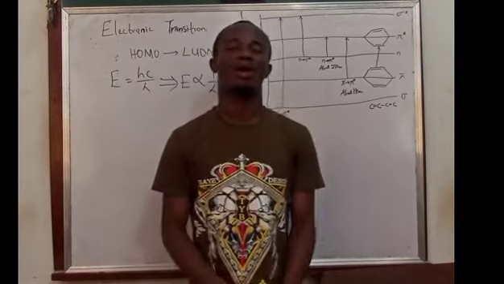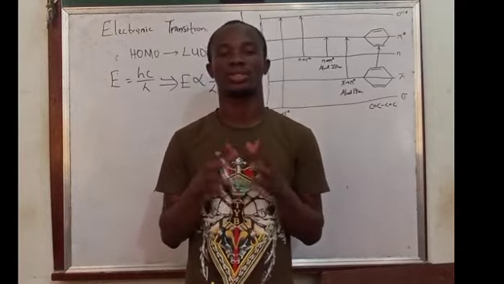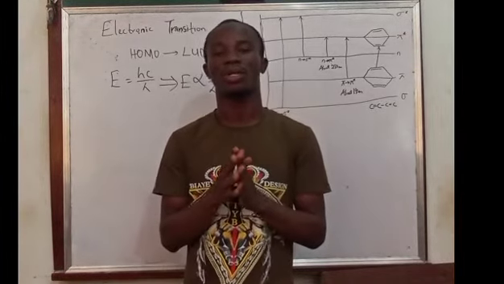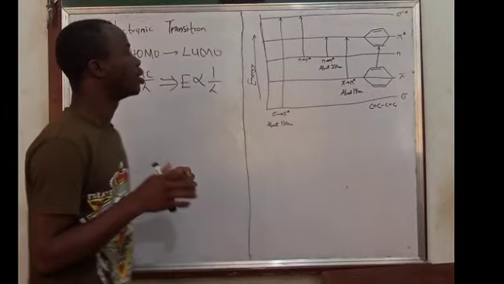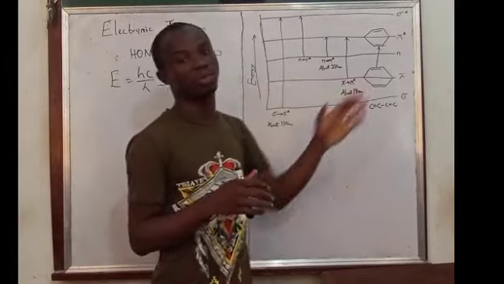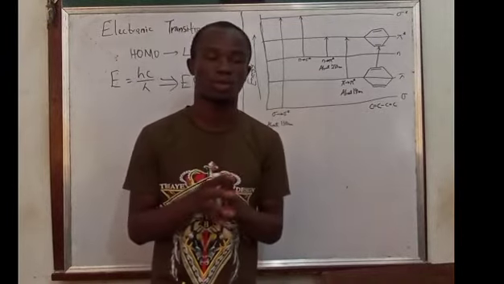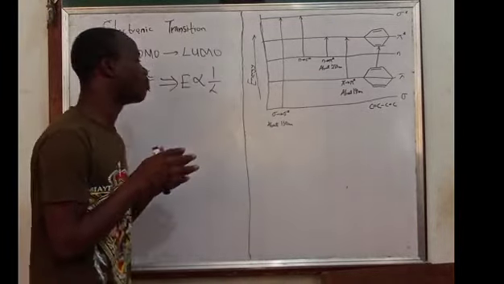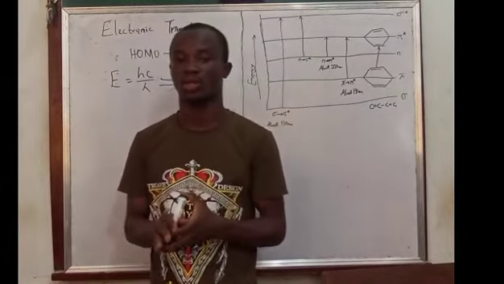And now I want to talk about the types of electronic transitions that we can have when we have UV absorption. So first, this diagram that we have is the energy profile that shows different kinds of transitions in UV spectroscopy. Like I said, an electron can move from different molecular orbitals to another.